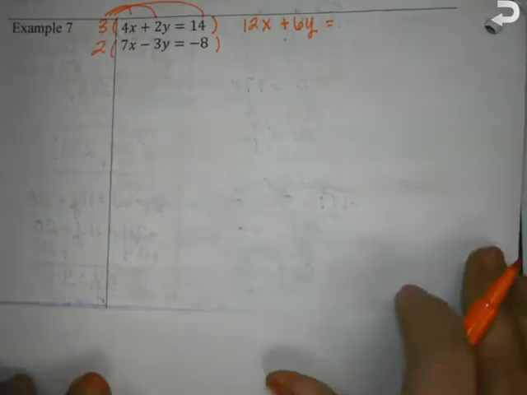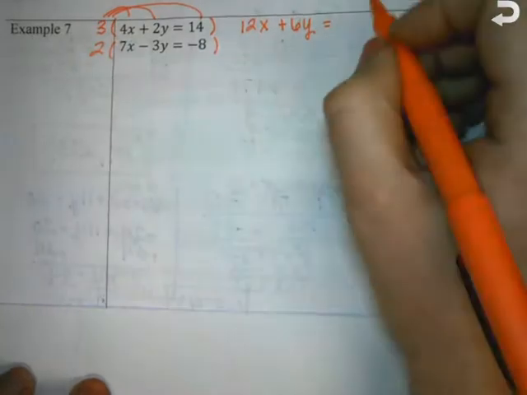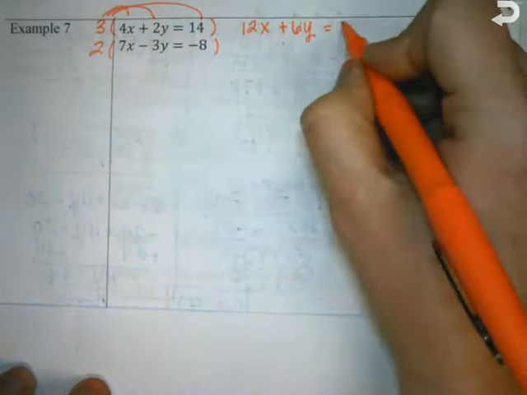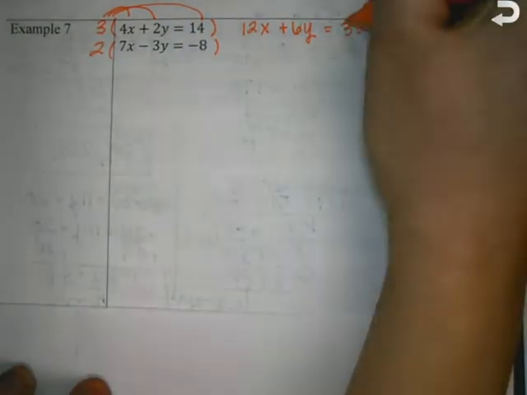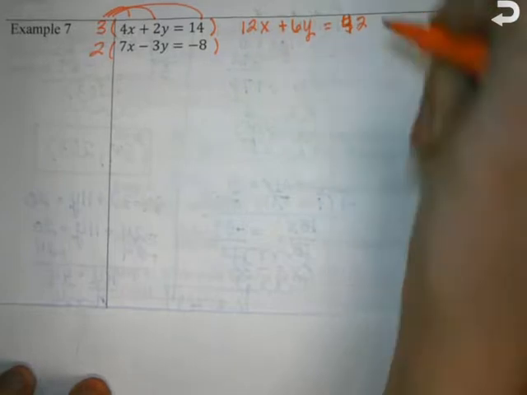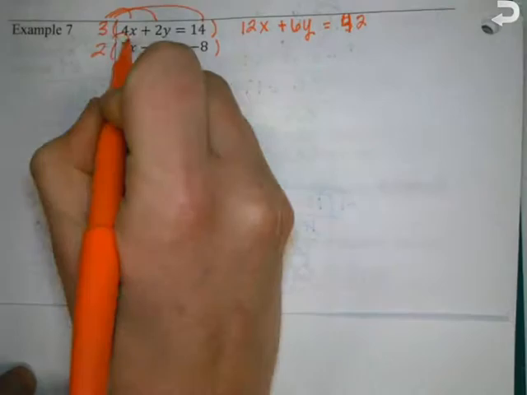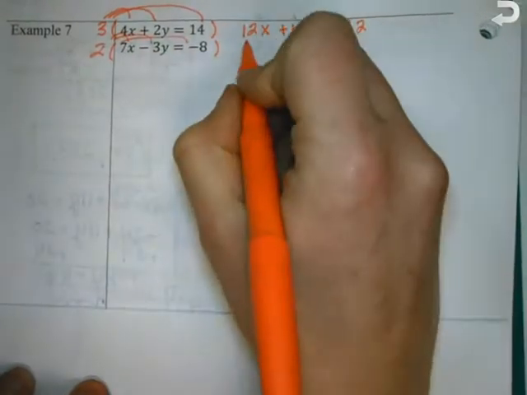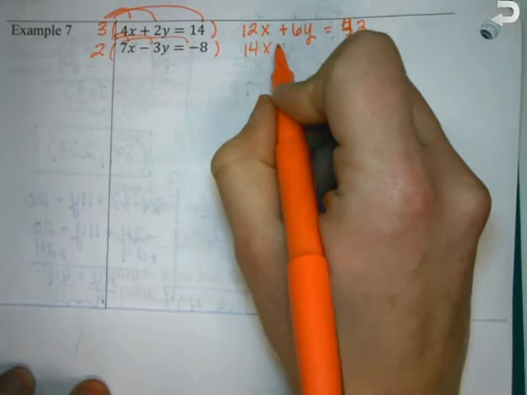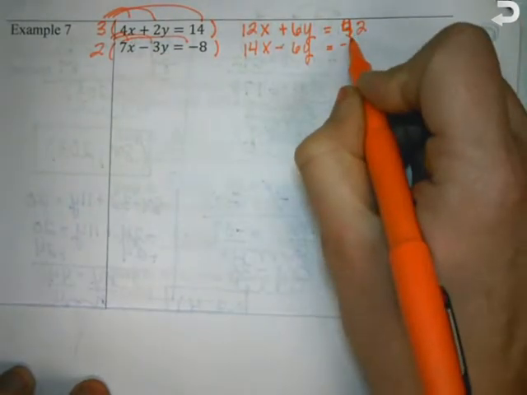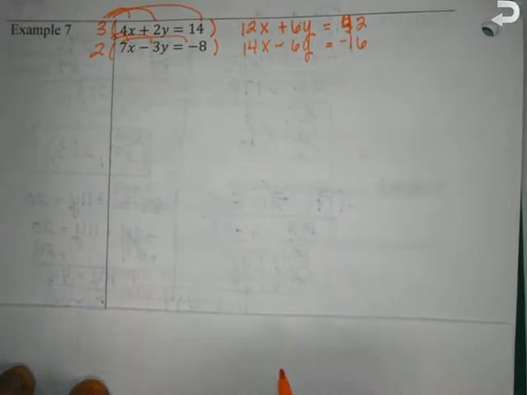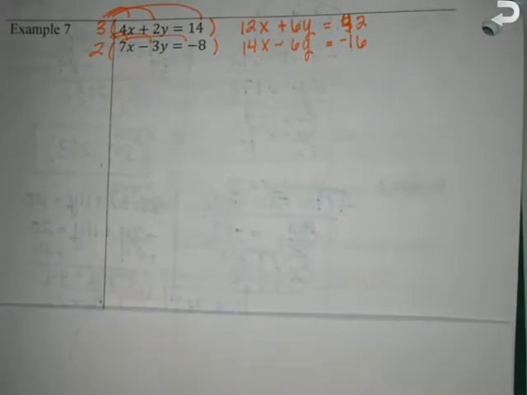And when I distribute the 2 in, that gives me 14x minus 6y equals negative 16. Now this looks like what we started with, right? So I add both equations. So how many x's does that give me? 26x. What happens to the y's? They eliminate.